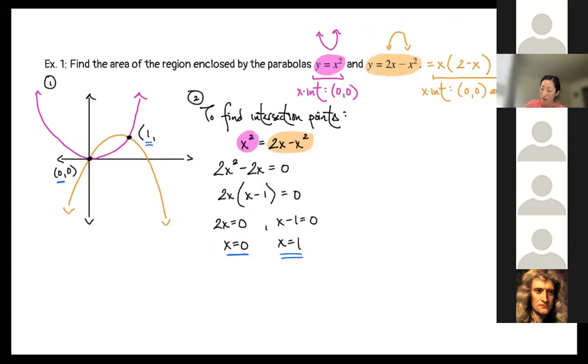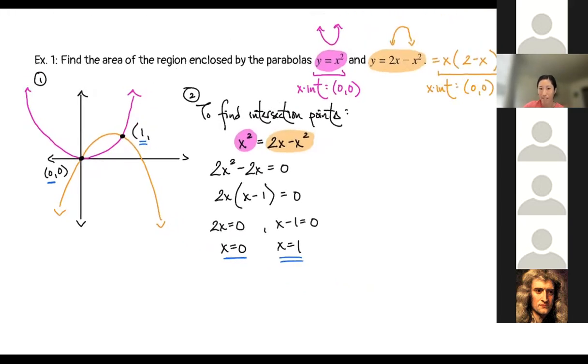Now, question, how do we find the y value that goes with that? Okay, we can plug 1 in. Does it matter what equation we plug 1 into?